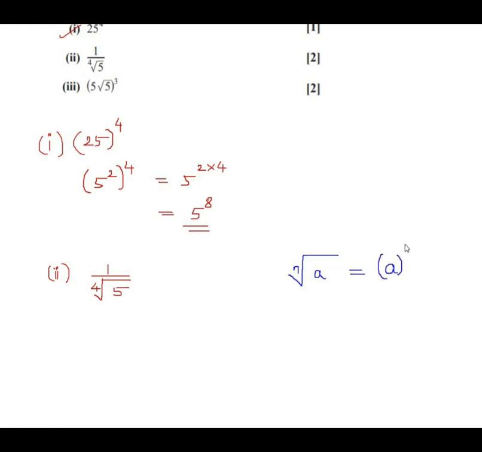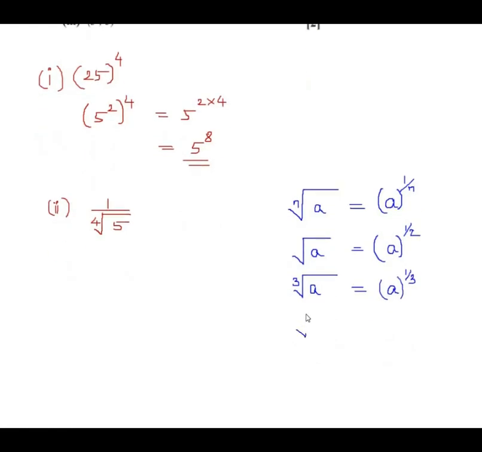So the nth root becomes 1 over n. If we have a square root of a, we can write it as a to the power of half. If we have a cube root of a, we can simply write it as a to the power of 1 over 3.